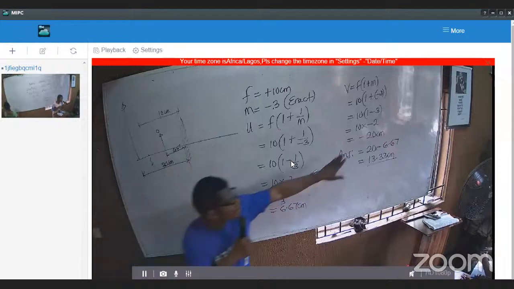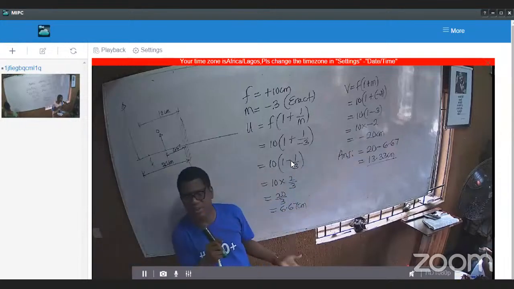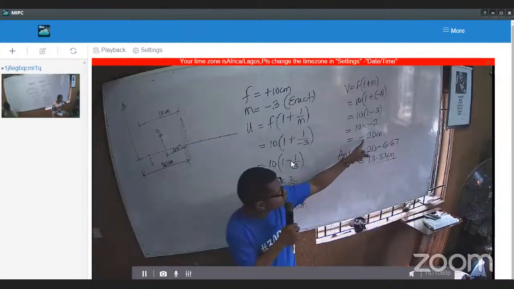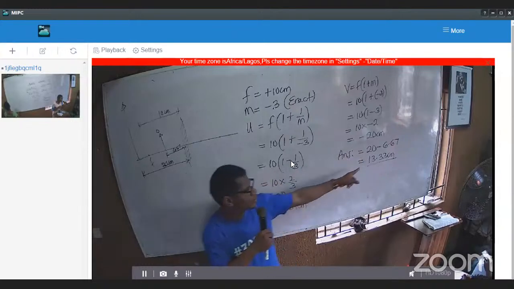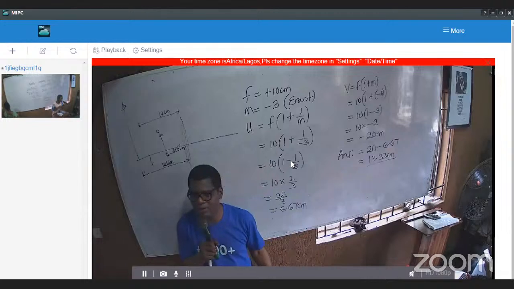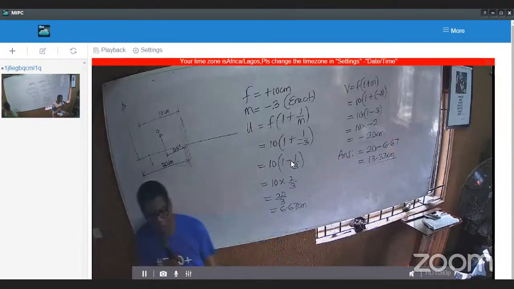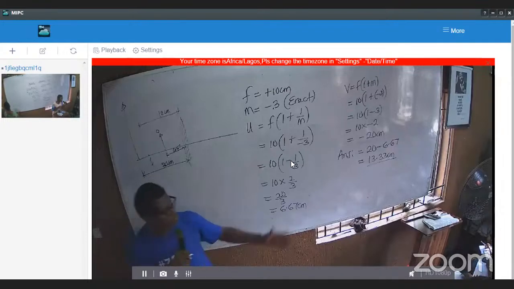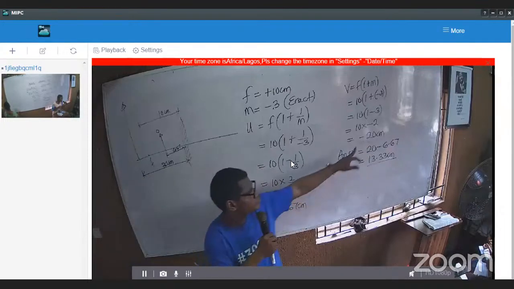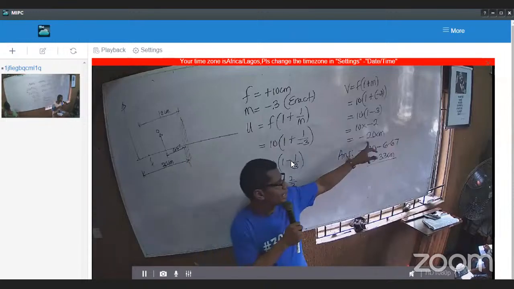If there is no minus here, then you add this also, you still get 26.67. So if you add the two, you will get this one. If there is a minus there, you now throw away the minus. So if they ask to find the distance between the object and the lens, you can add the two.